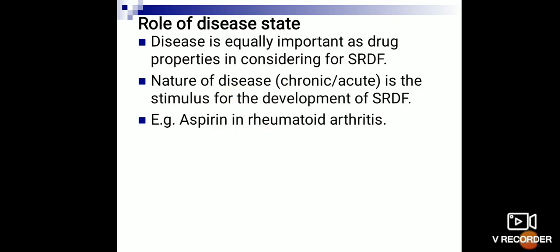Only, we consider the patient is healthy in case of calculation of dose in a sustained drug delivery system. So that is the drawback. The drug release pattern is altered in different diseases, that is in kidney failure, hepatic failure, or in a particular disease.